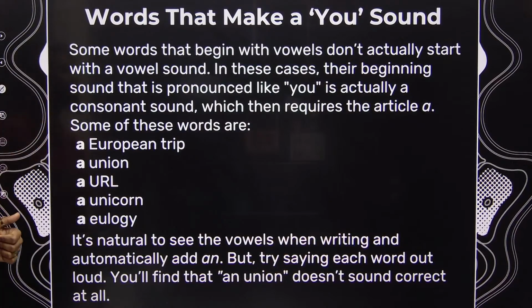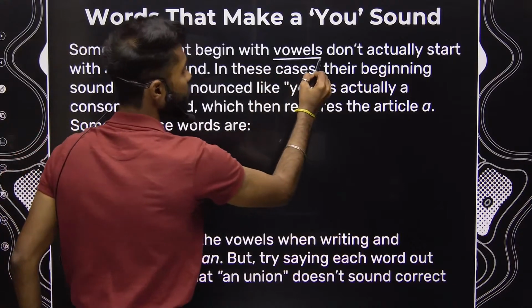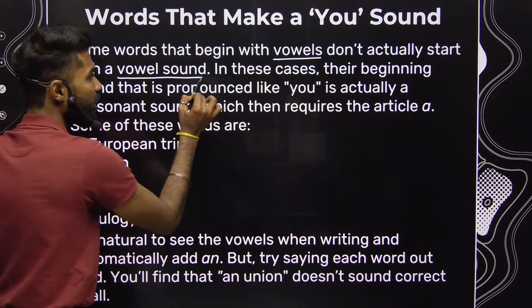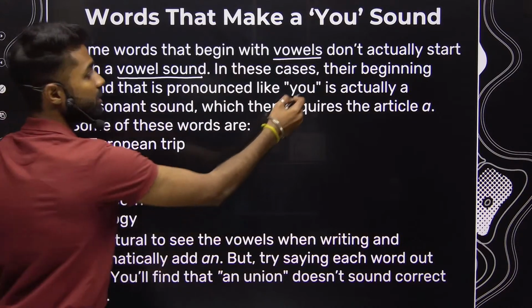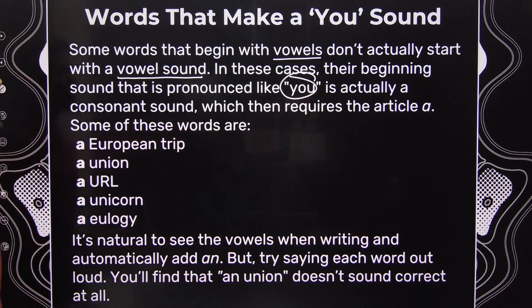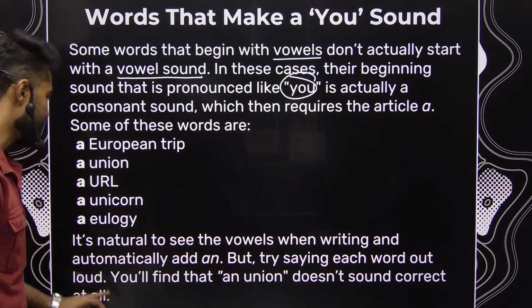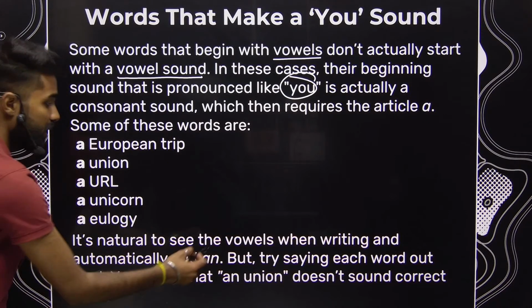Some words that begin with vowels don't actually start with a vowel sound. In such cases, the beginning sound pronounced as "yoo" is actually a consonant, which requires the article "a". It is natural to see vowels when writing and automatically add "an", but don't do it.